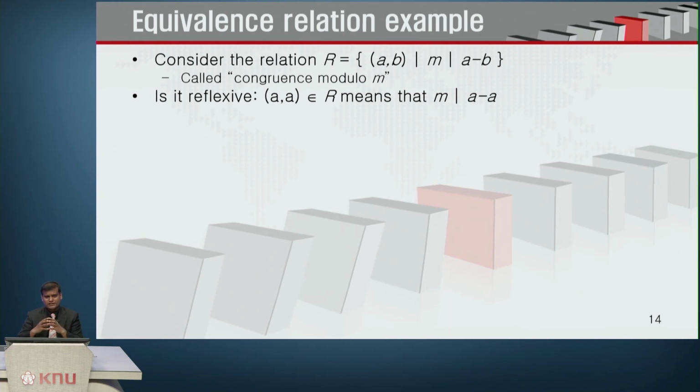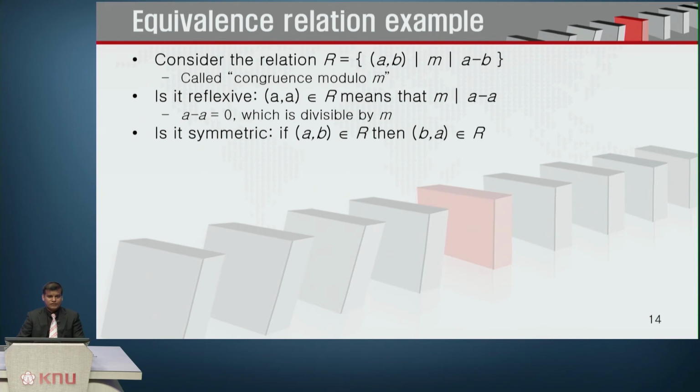M is in fact the modulus that has been established here for A minus B. We call this congruence modulo M. It is reflexive if (A, A) is an element of R, which means for all A, M divides A minus A. A minus A is 0, which is divisible by M. It is symmetric if (A, B) is an element of R, then (B, A) is an element of R as well.